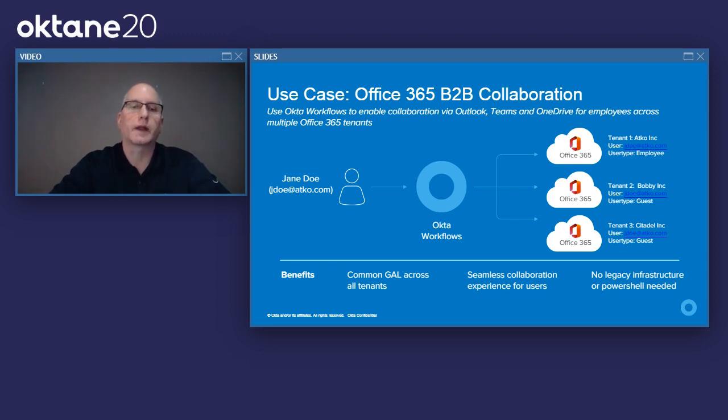They've gone through some mergers and acquisitions, or that's just the way the company's organized. They have subsidiaries that have tenants. But Jane needs to work with some of these other companies. So using Okta Workflows, we can create Jane's account in her primary tenant, but we can also create accounts for her in these other Office 365 tenants and provision them over there as guests.